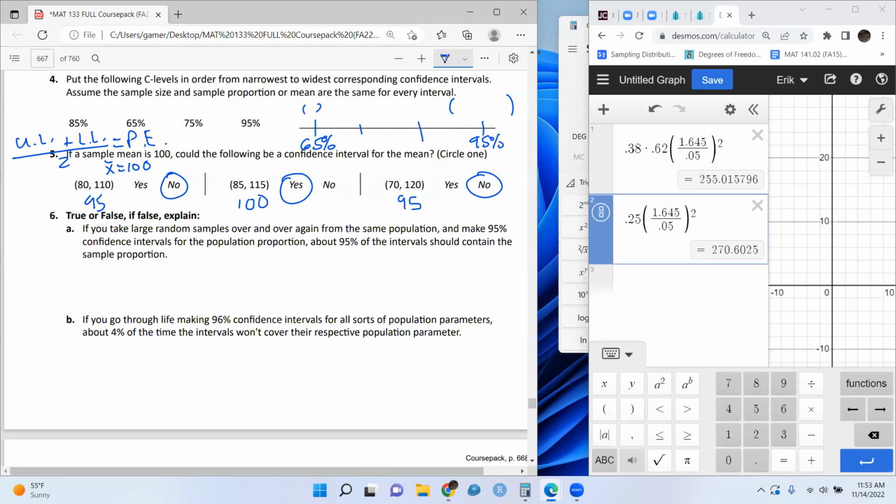So what did you all say for number 6? Anyone think that's true or false? And why?